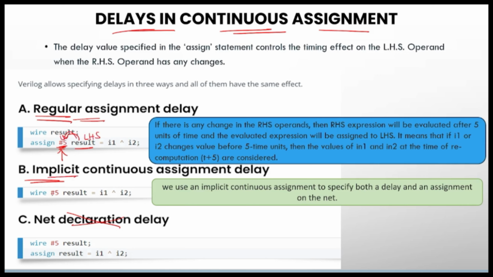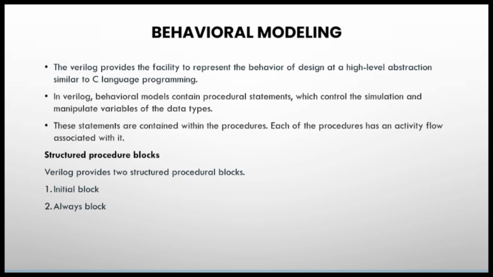But in the case of an implicit continuous delay, you give the delay inside the expression itself, like writing result equal to hash delay IN1 to 5. So you have to remember this notation. If it is a regular delay, you give it using the assign keyword. If it is implicit, you don't need the assign keyword. You can just directly give the hash symbol.